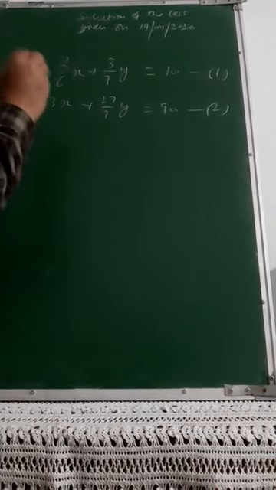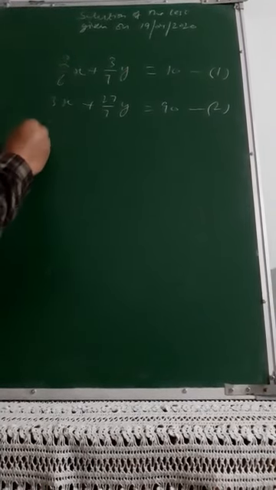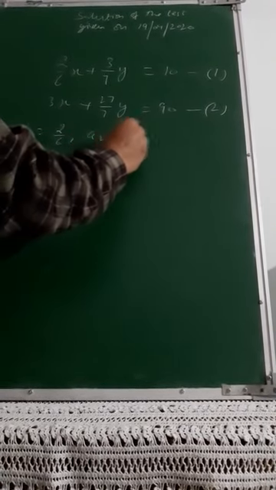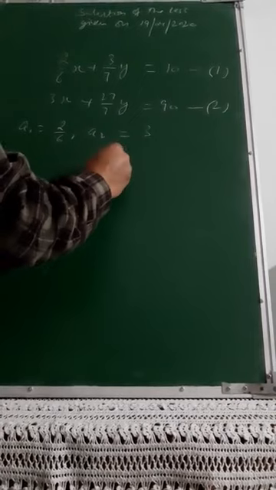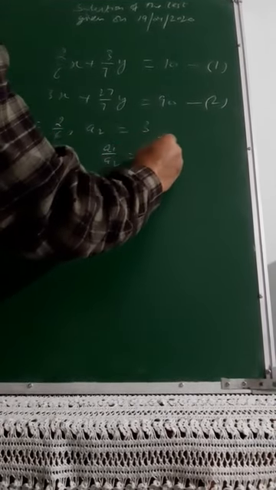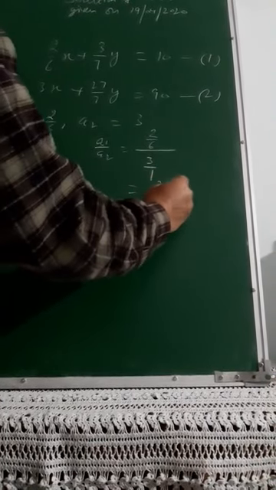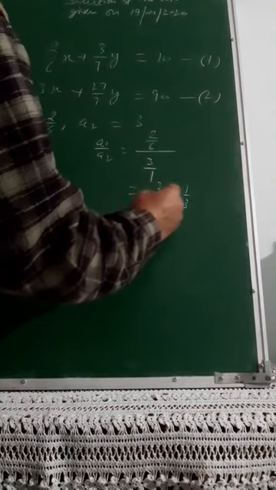So here I have to check a1 upon a2. What is a1? It is 2 upon 6. What is a2? It is 3. So a1 upon a2 is equal to 2 upon 6 upon 3. When nothing is there, you can write upon 1. So finally this will be equal to 2 upon 6 into 1 upon 3.